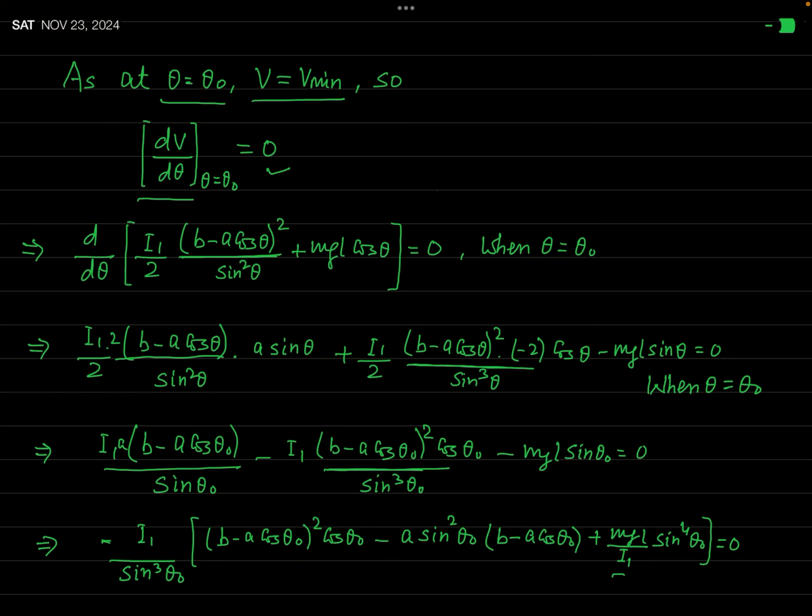Actually taking this condition for minima, we can obtain the value of theta naught. So let us evaluate this result, that dV by d theta when theta is equal to theta naught is equal to 0. Now you know this is the expression for V, so I have substituted here the expression for V, and this will be equal to 0 when theta is equal to theta naught.